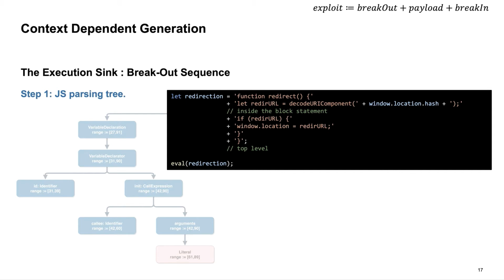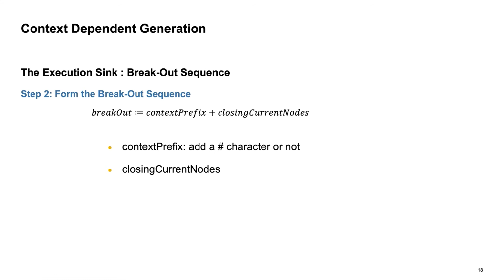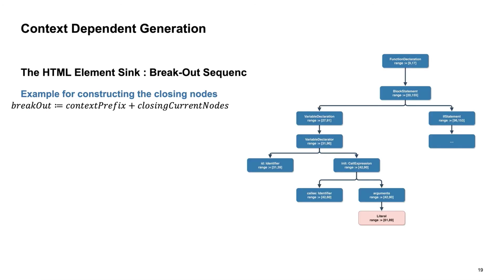So the first step is we generate the parsing tree for this code. After that, we form the breakout by a context prefix, just like in the HTML method, and then the closing current nodes generated from the parsing tree. And here is an example.